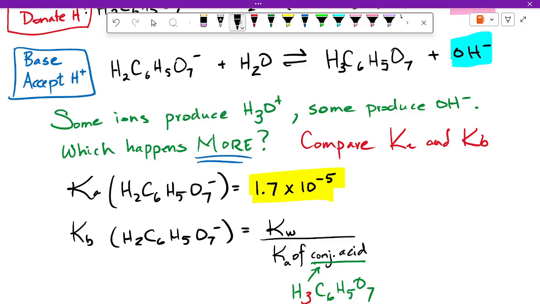So it's going to be 1 times 10 to the negative 14 divided by, and the H3C6H5O7 is 7.1 times 10 to the negative 4. And that is 1.4 times 10 to the negative 11.